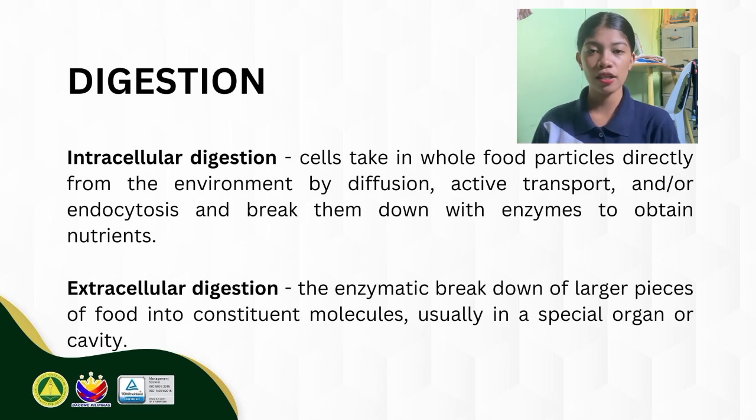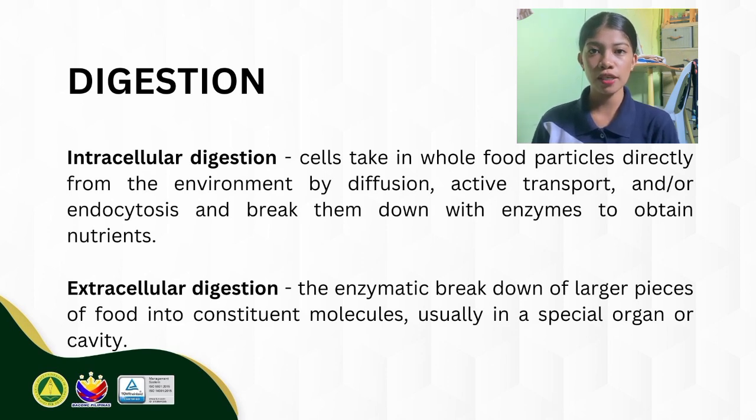The second one is the extracellular digestion, where it happens outside cells in special organs or cavities. The larger pieces of food are broken down into smaller molecules using enzymes. This happens in a specific place like our stomach or intestines. This is how humans digest food.